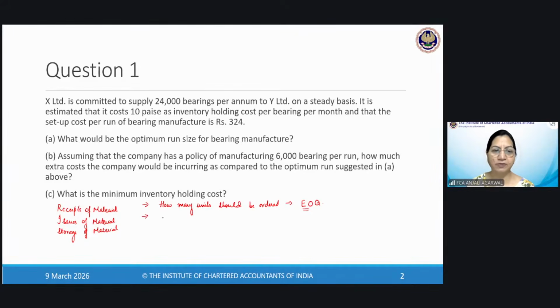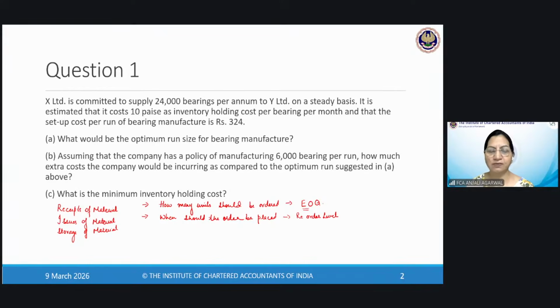And the second important question is, when should the order be placed? For this question, we have the concept called reorder levels. So you should know what the maximum level should be, what the minimum level should be, what the reorder level should be, what the average level should be.